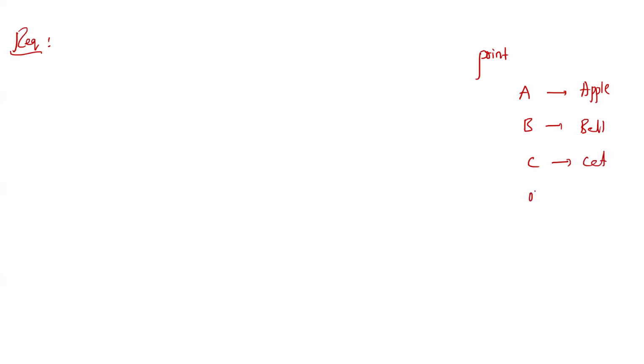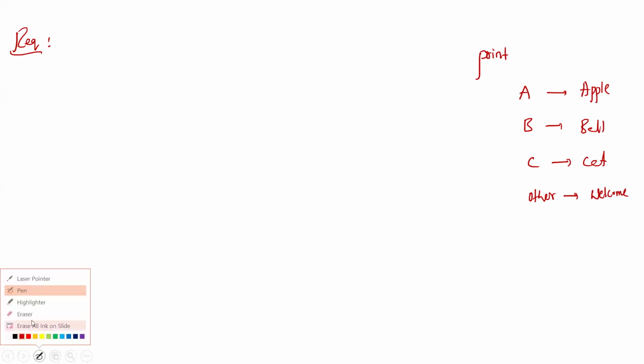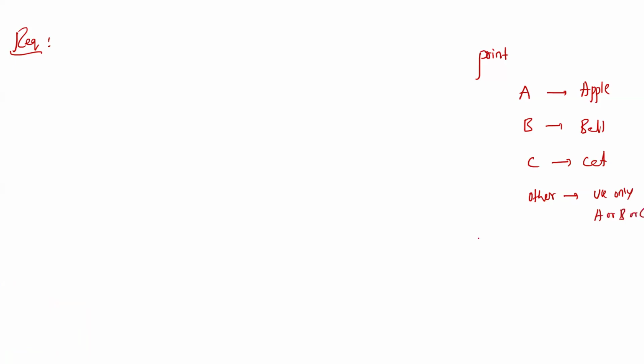If it is anything else, then instead of printing welcome, I'd like to print: enter A or B or C. That should be the output. Use only A or B or C.